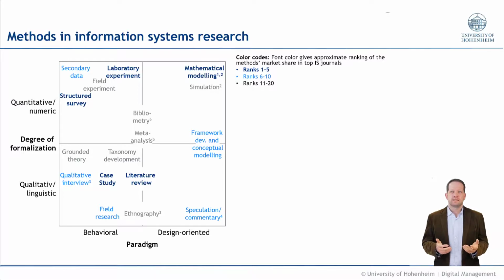Bibliometry studies academic literature itself. So not what's studied and reported in the literature, but the literature itself. Examples include studying topic trends or methodological trends in a stream of literature in a discipline over time. So, for example, if you quantify the research methods used in top journals in information systems research, and then present time trends and the like, then this is a kind of bibliometry.